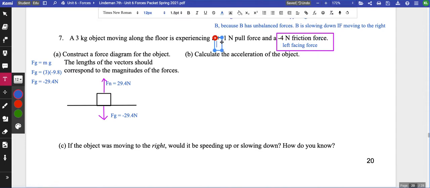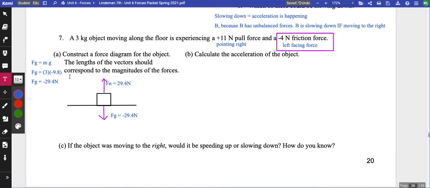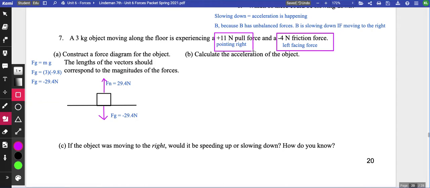And that means that this positive 11 is going to be pointing right. And again, this is requiring that you remember that negative is always left and down, positive is always up and to the right. So I'm just going to go ahead and fill these out as well.